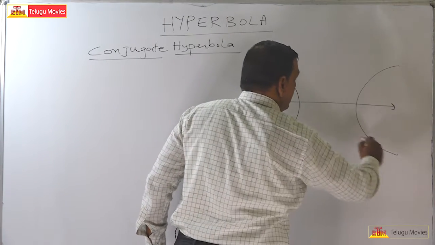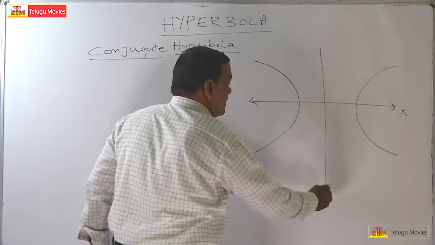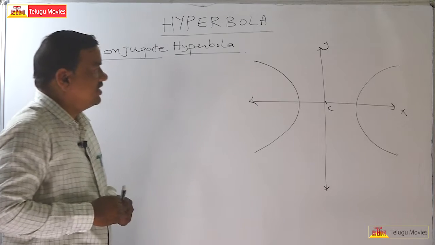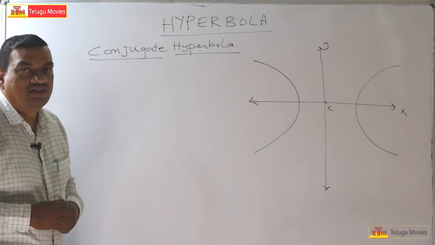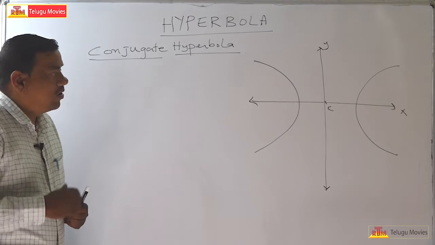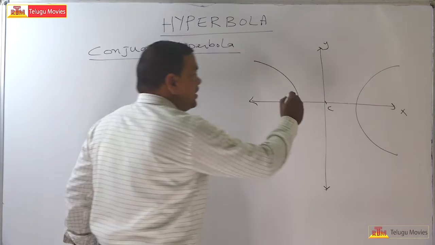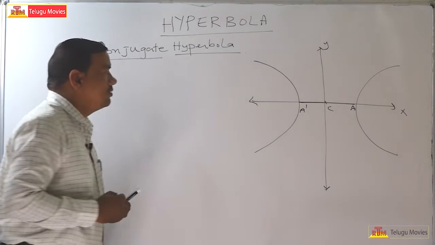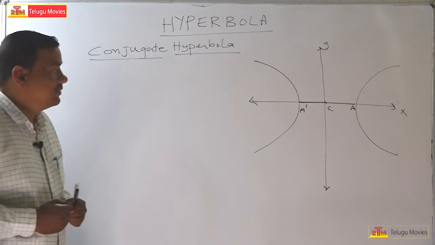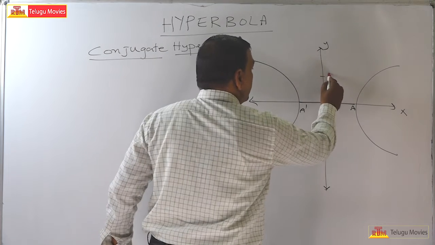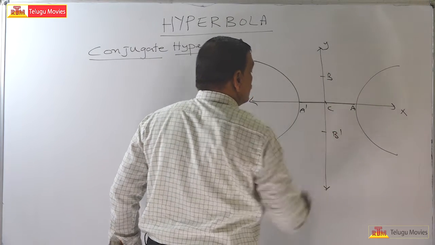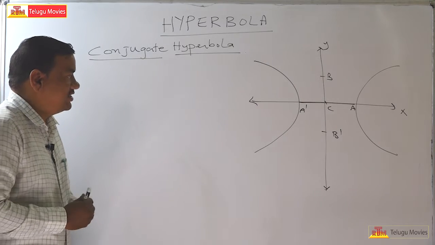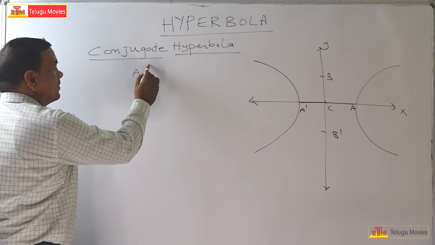So this is the x-axis, this is the y-axis, and this is the origin. Let us take C as the center of the hyperbola. Here A A dash is called the transverse axis, and B B dash is called the conjugate axis.